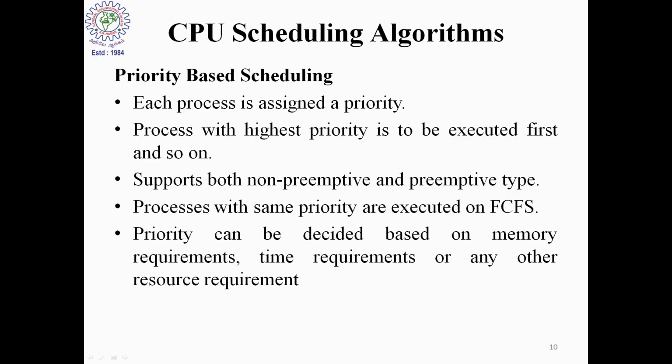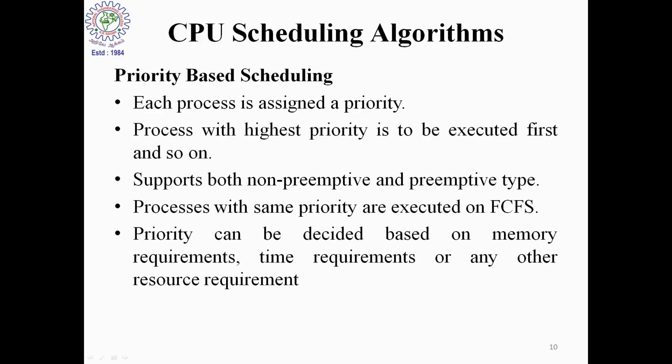For example, we can assign numbers such that the lower the number, the higher the priority, or the higher the number, the higher the priority. It depends upon the situation. Both the non-preemptive and the preemptive cases are possible, as with the SJF algorithm. In priority scheduling also, both preemptive and non-preemptive cases are possible.